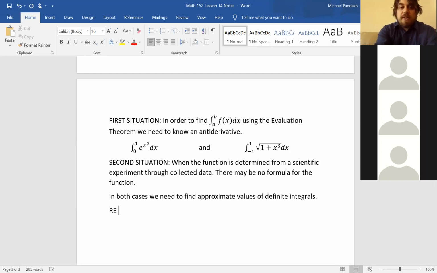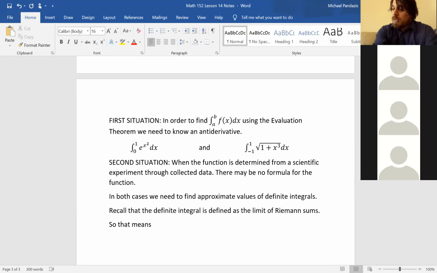So recall that the definite integral is defined as the limit of Riemann sums. That means any Riemann sum could be used to approximate the integral.